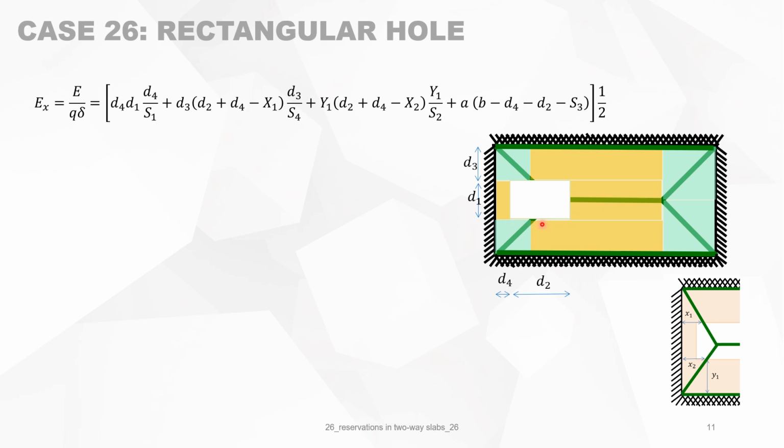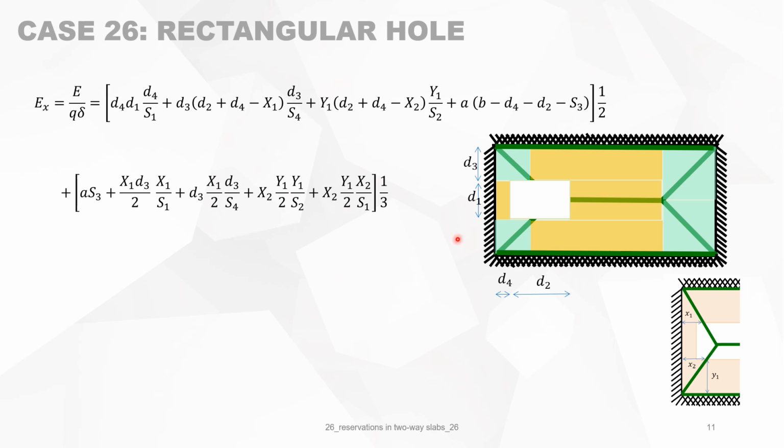So that's this portion, and the maximum deflection there is y1 divided by s2. And what's left is this rectangle, which is a times b minus d4 minus d2 minus s3. And the mean deflection is 1/2 because it's all about rectangles.